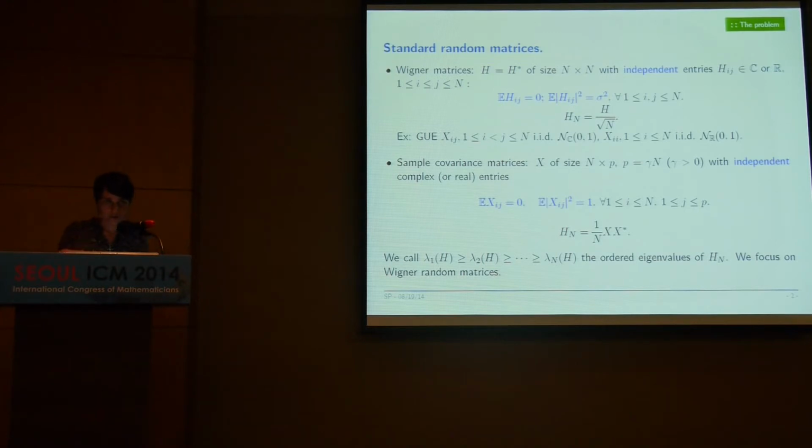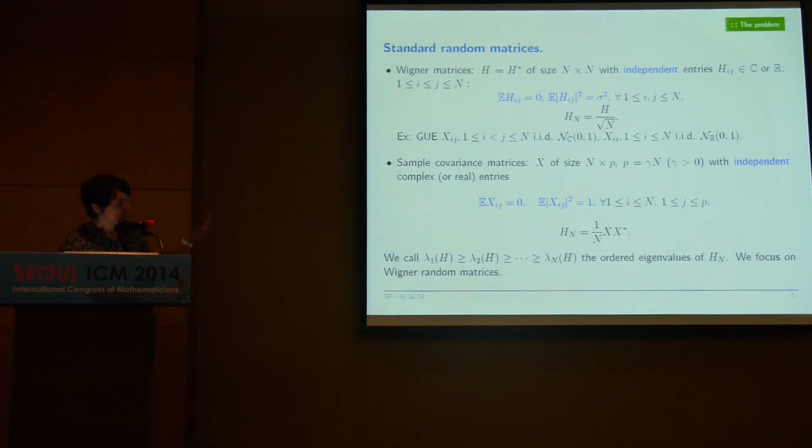Again, we consider the high dimension setting, so both dimensions n and p grow in a comparable way: p is a constant times n. Starting from X, we then form the sample covariance matrix X star X, and we divide by the factor n. This is a sample covariance matrix ensemble, and again, if X is Gaussian, we then obtain the standard Wishart ensemble of random matrices.